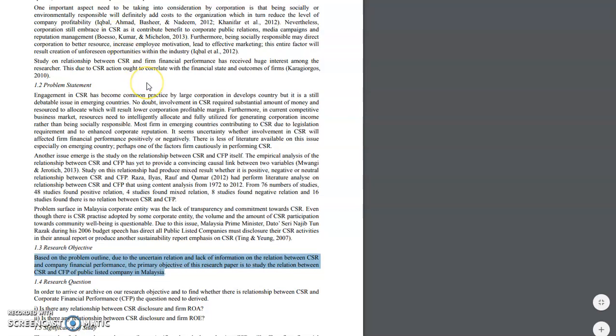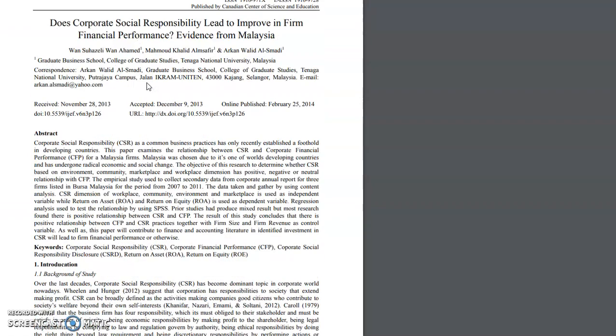So we have here an International Journal of Economics and Finance, published in 2014. The title of the research is, Does Corporate Social Responsibility Lead to Improve in Firm Financial Performance?